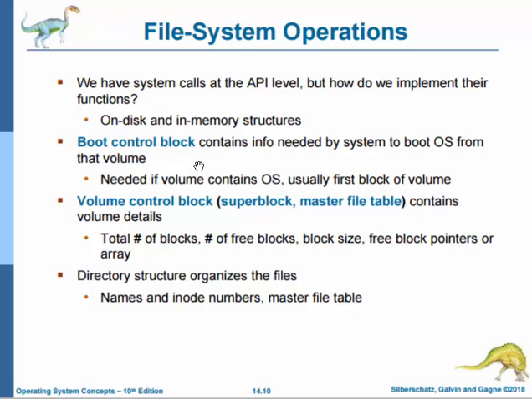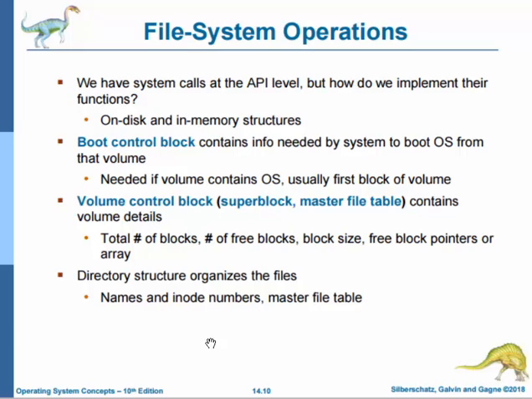If the disk does not contain an operating system, this block can be empty, and it's typically the first block of a volume. In UFS, or Unix file system, it's called the boot block, and in NTFS, it's called the partition boot sector. Now we also have a volume control block.